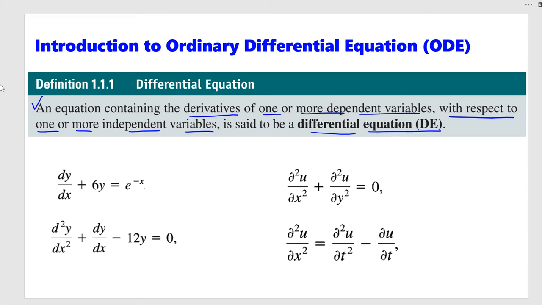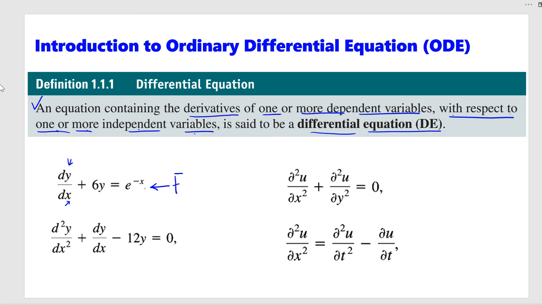So you can say it is an equation which contains the derivatives of the dependent variable with respect to one or more independent variables. So in this case, only one independent variable.